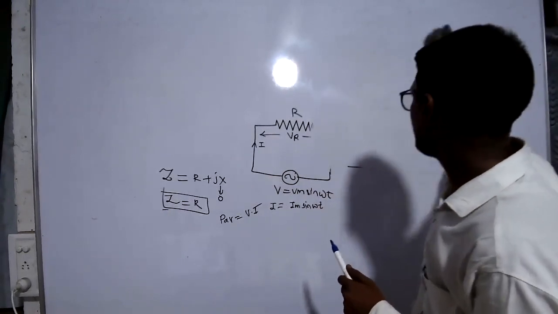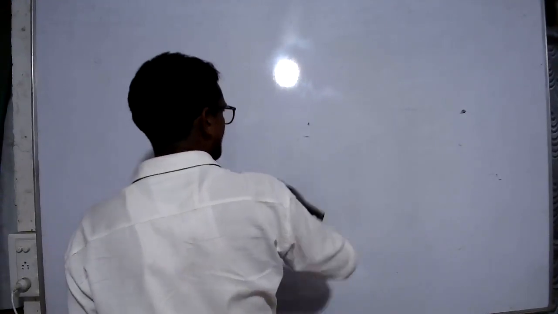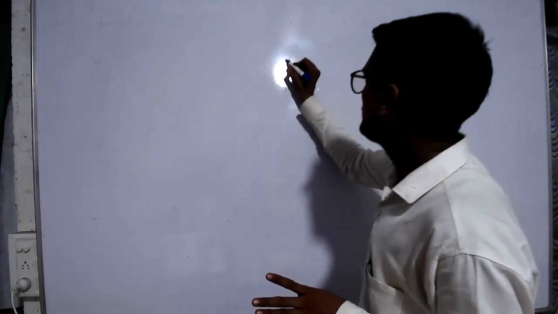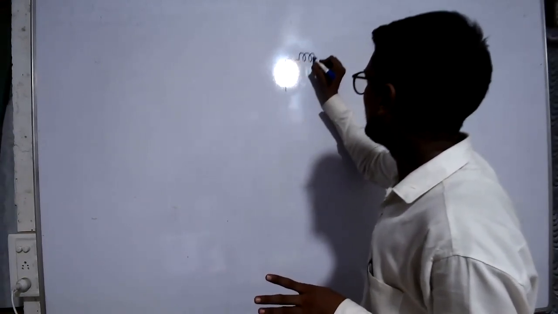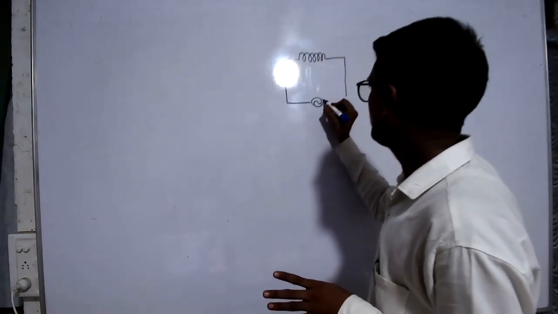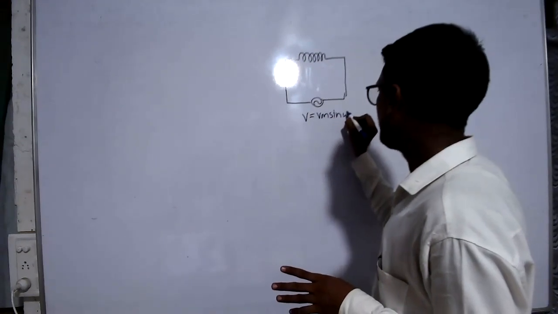Now, in case of a pure inductive circuit, resistance and capacitance are absent. Let a pure inductor L be connected across a voltage source V equals Vm sin omega t.